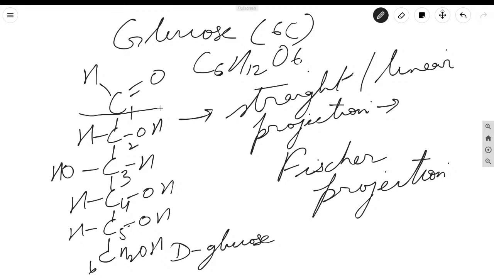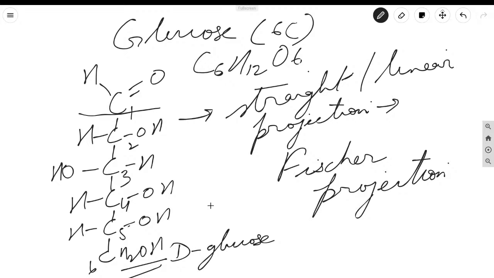That you have a specific aldehyde group, and in the end you have CH2OH, and the arrangement. It also shows one more thing that I'll teach you, whether you are an anomer or epimer. Anomer or epimer, that also it shows.